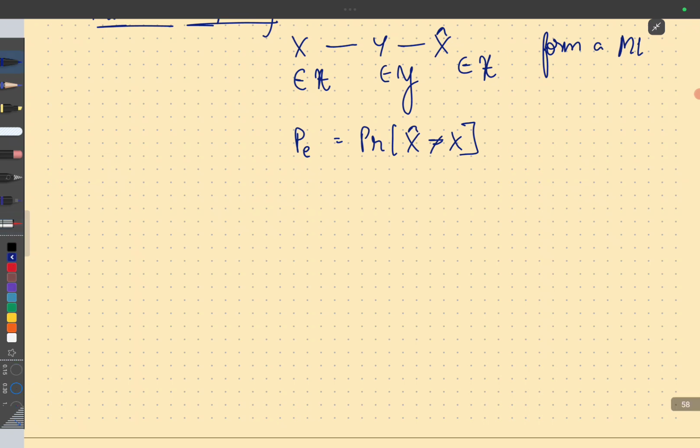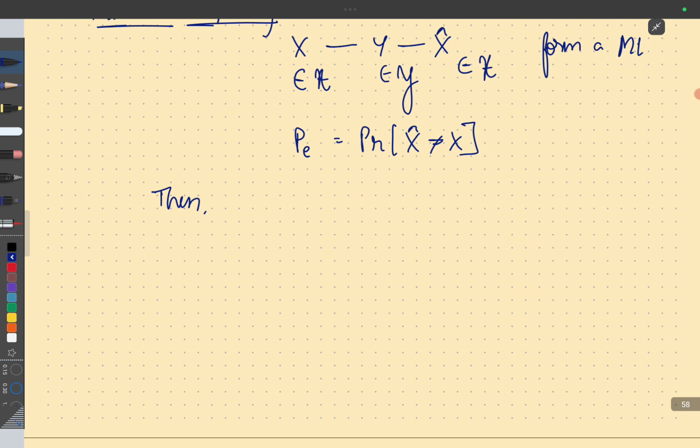So in this case, my goal is to derive a lower bound on the probability of error in terms of some entropic quantities.